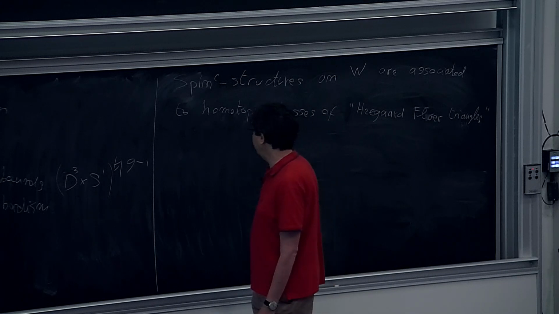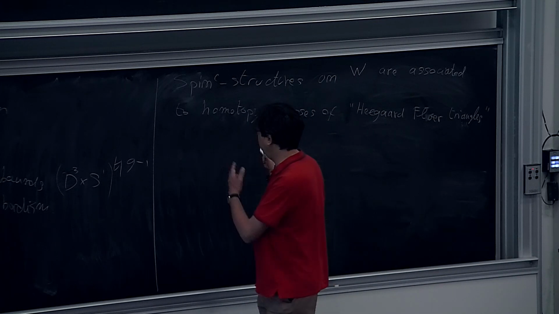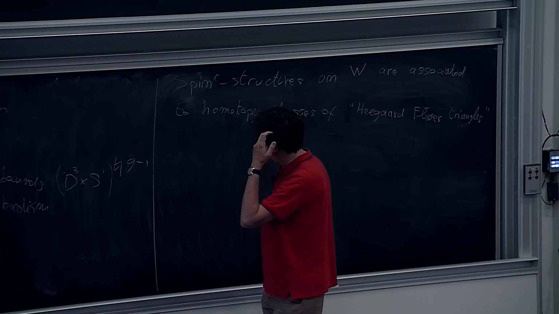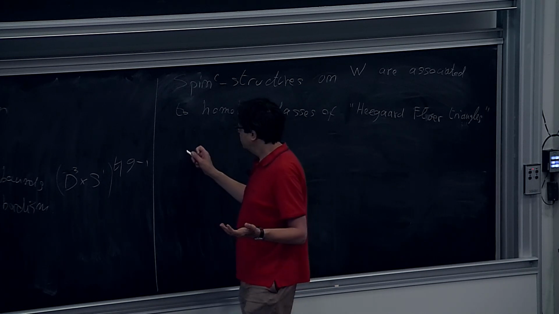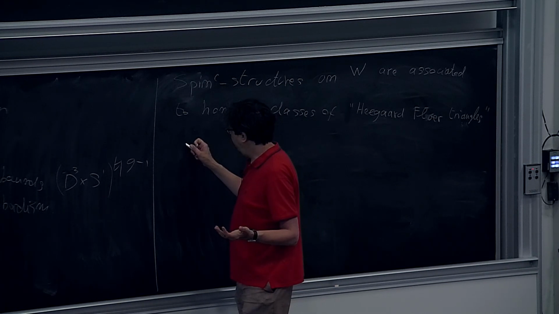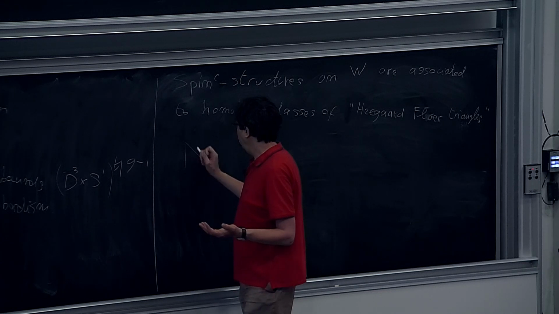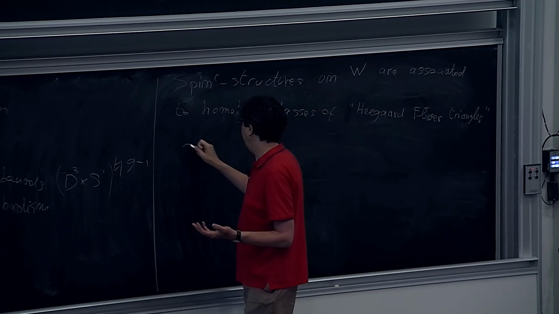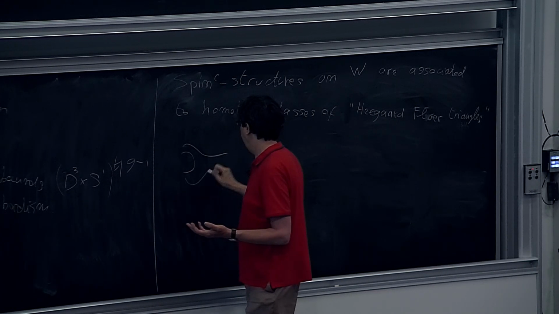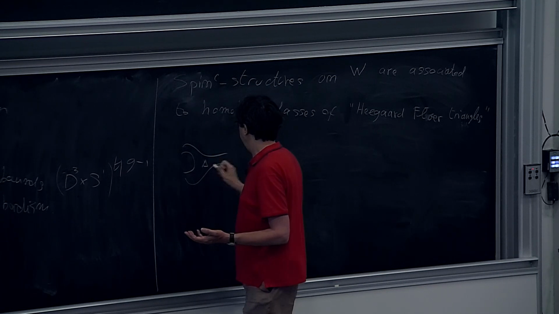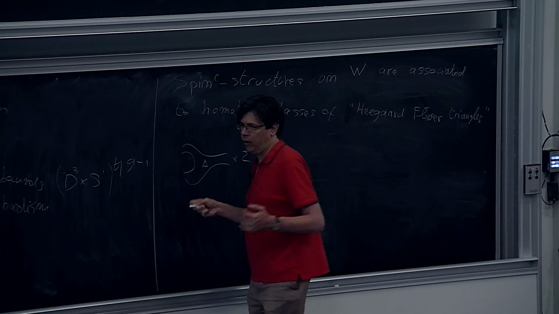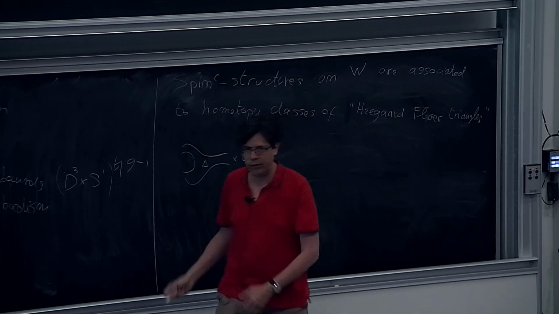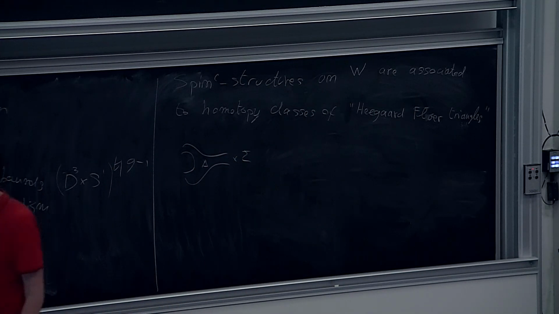I didn't introduce this terminology before, but a Heegaard Floer triangle will be a holomorphic map over this delta times sigma, satisfying all the properties I gave yesterday.